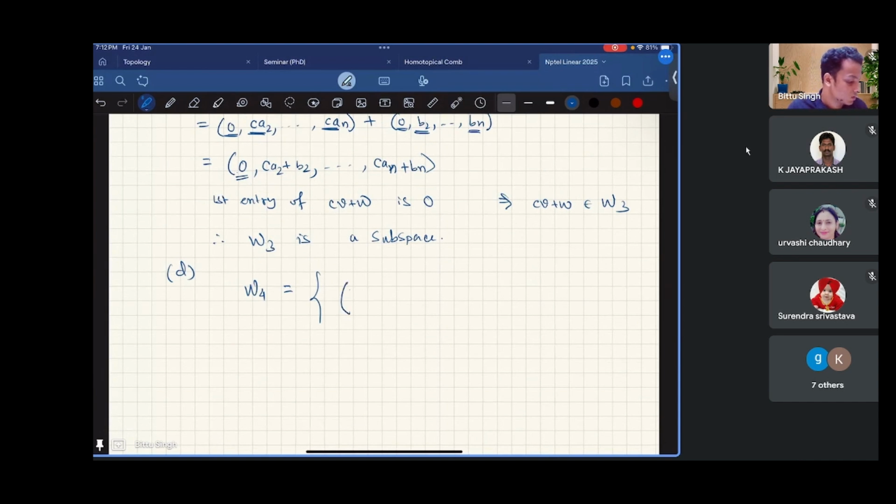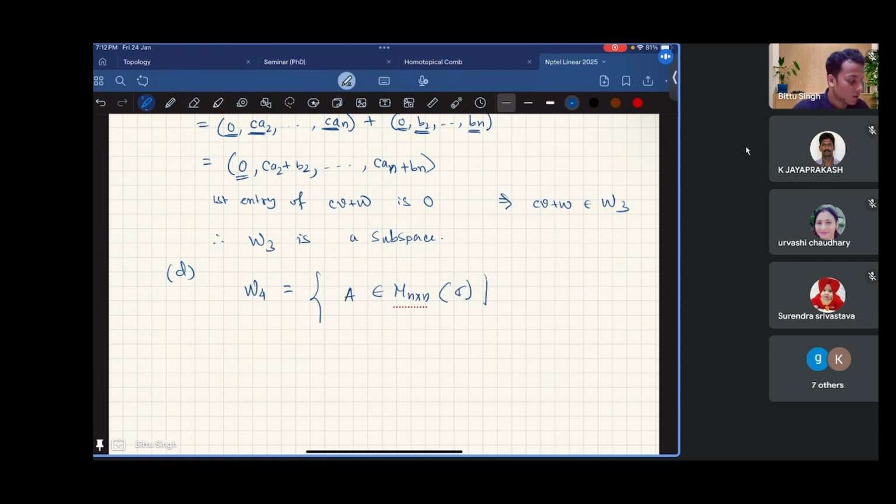It is the set of all n by n matrices whose entries come from C, and which are Hermitian.